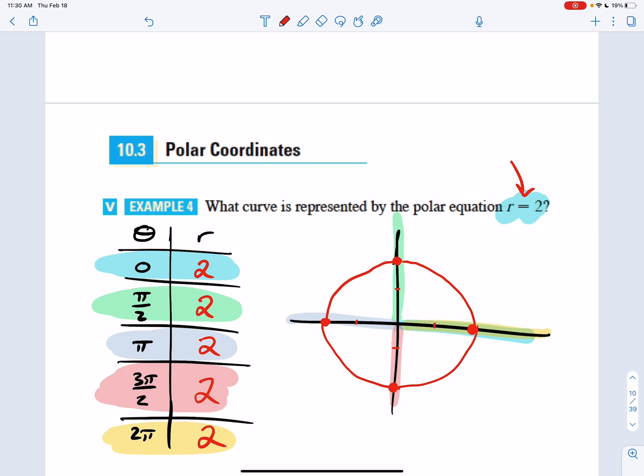You're going to go to mode, right next to the second button. If you go down, you'll see the word function. When you get to the word function, we're going to change it to polar. So you're going to go to the right to polar, and then press enter. The only time you would want to change it to polar is if you need to see the picture. That is all.